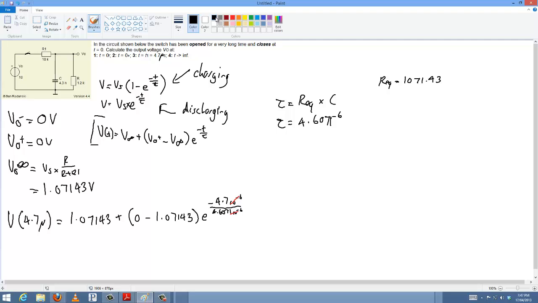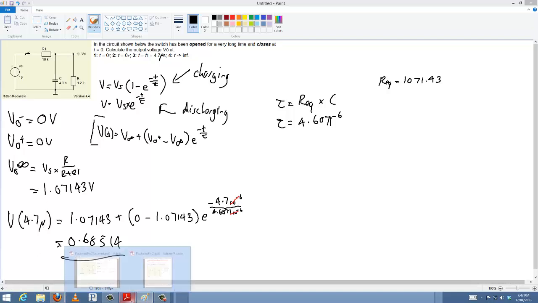You can do 4.7 divided by 4.6071. Ooh, lucky, lucky, lucky. You get the answer 0.68514. And that's our VT.